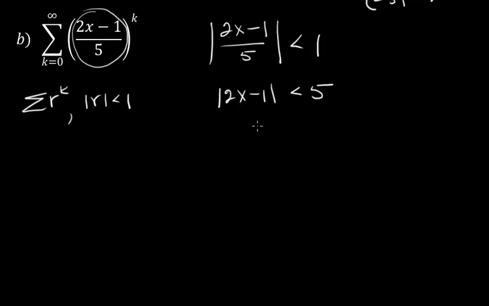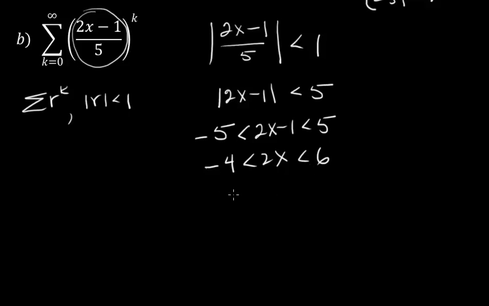And now that means that 2x minus 1 is between 5 and minus 5. Adding 1 to each part, we get minus 4 is less than 2x is less than 6, and dividing by 2, we have minus 2 is less than x is less than 3. So our interval of convergence is -2, 3.